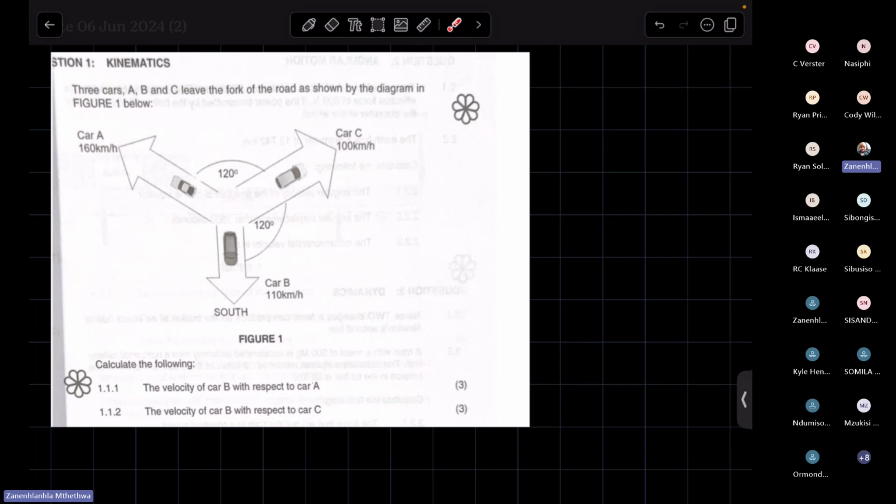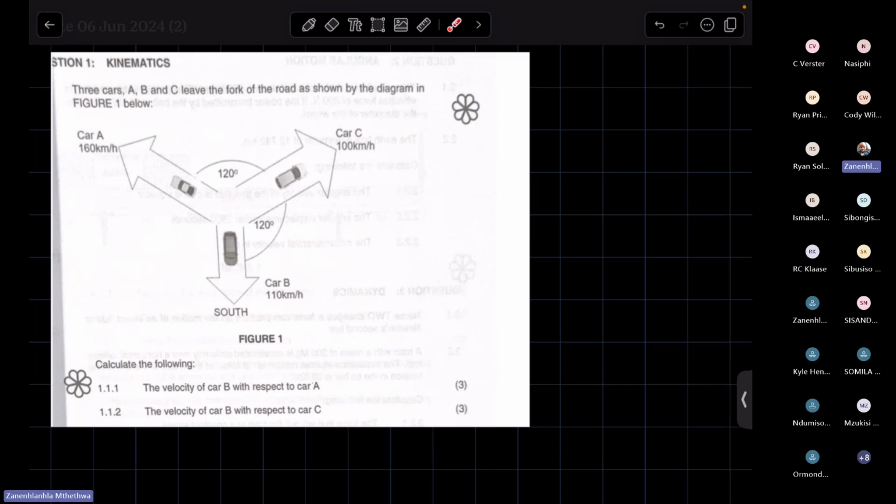So seeing that we've established that for this problem, 1.1.1, B is our object, we are going to draw the vector for car B in the direction that's been given on the diagram. And then the vector for our frame of reference, that one we draw on the Cartesian plane in a direction that is opposite the one we've been given.